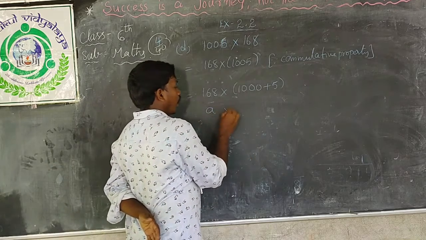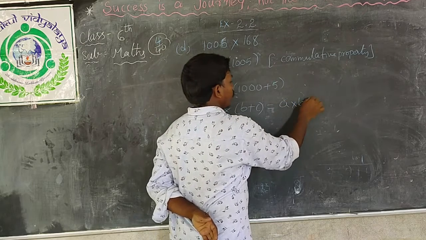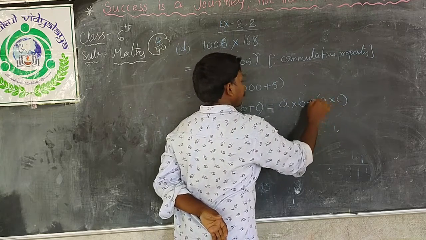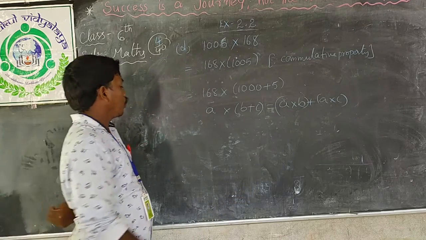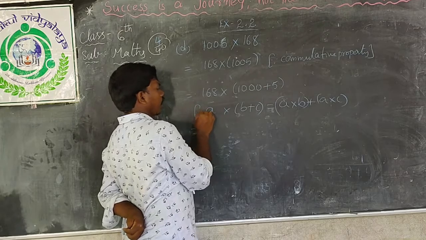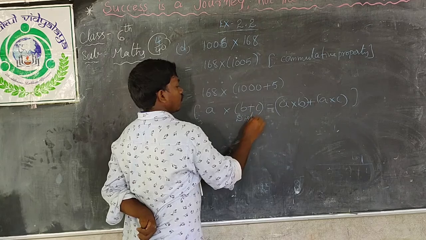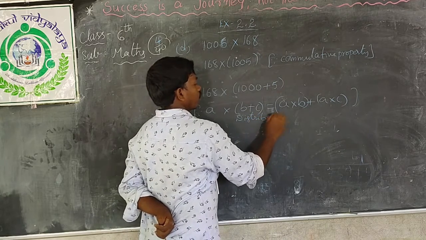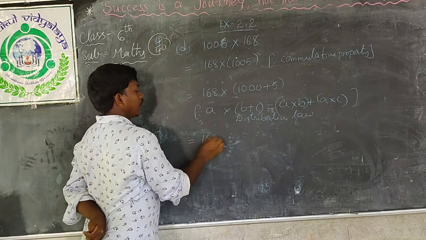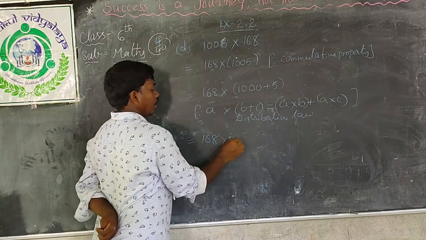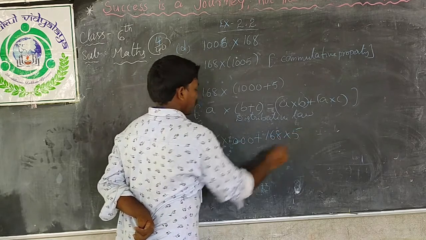This is A into (B plus C) is equal to A into B plus A into C. A into B plus A into C. Okay. 168. Which one is this? Distributive law.